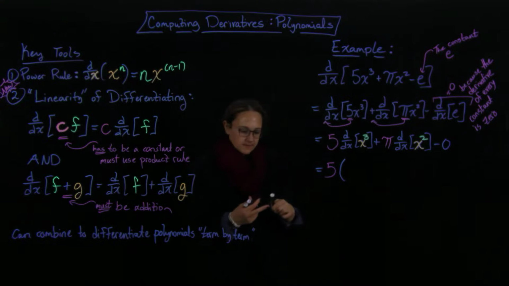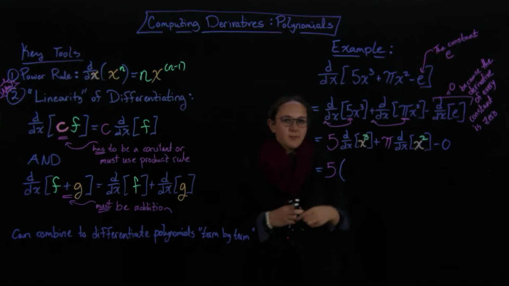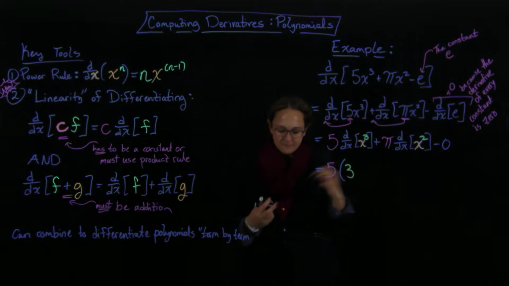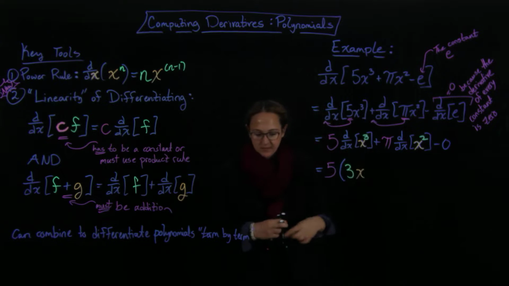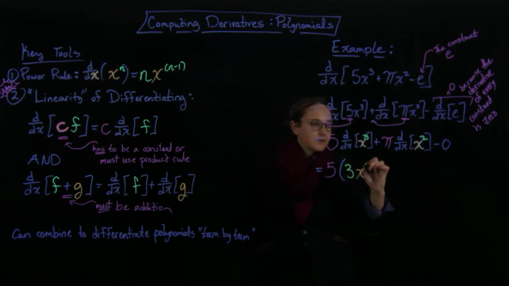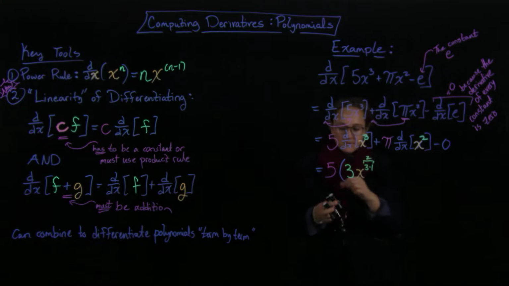Now these colors match up a little bit. So remember, we bring down the 3, and then the x, and then 3 minus 1, so that's going to be 2. And then we're done with that one.